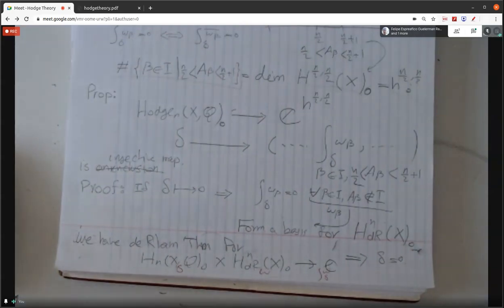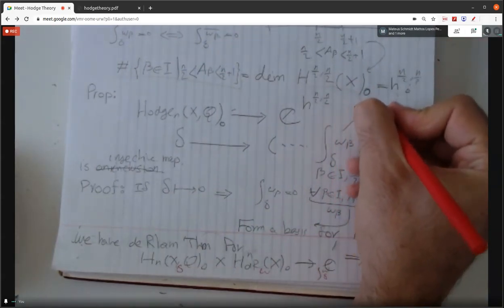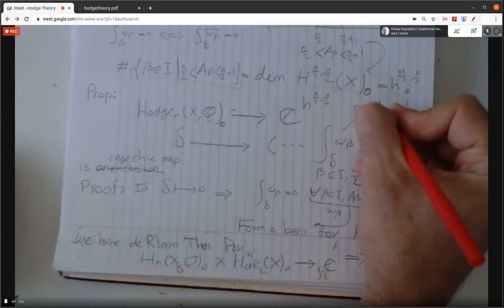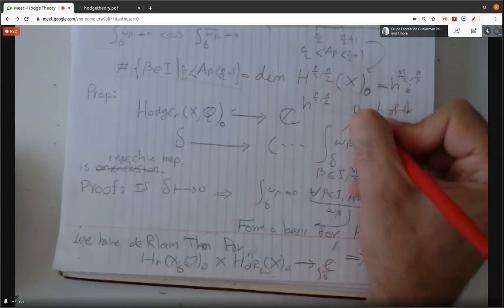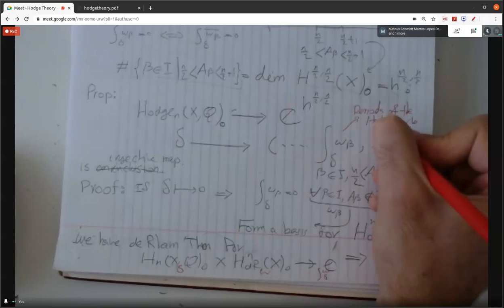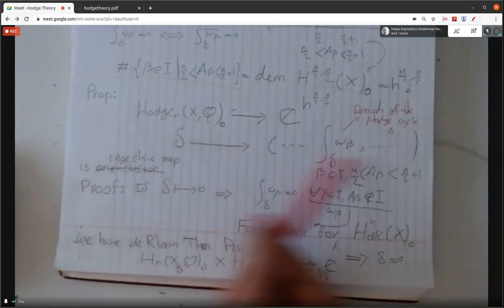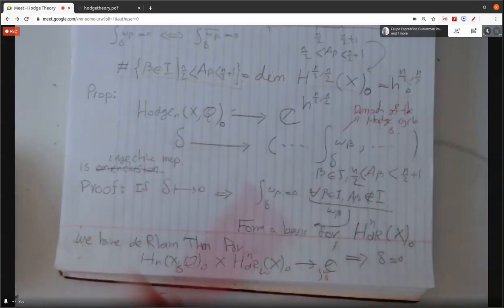So the moral of the story is that I will call this one the periods of the Hodge cycle delta. And the periods of the Hodge cycle delta determine the Hodge cycle uniquely.